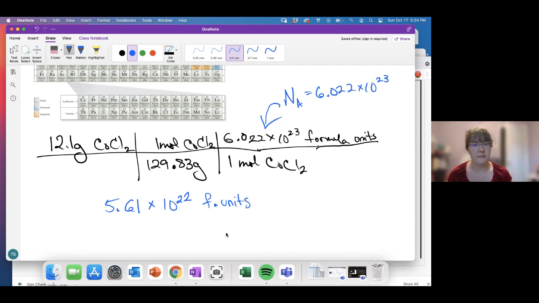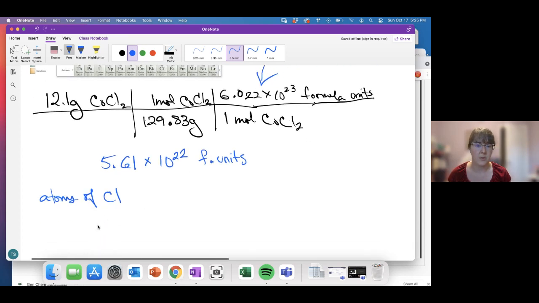Now the other thing that could have happened is this also could have asked me for atoms. So it could have asked me for something like atoms of chlorine. If it did that, the thing I need to recognize is that in 1 formula unit, I actually have 2 chlorines.